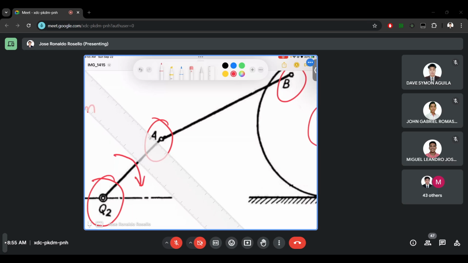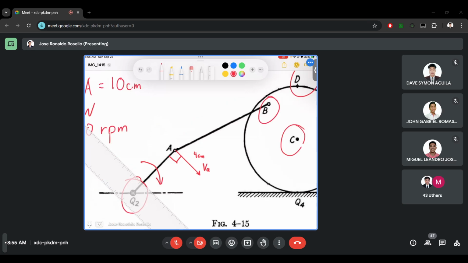Then, 1, 2, 3, 4. Nandito po si Ma'am Sol. Si Ma'am Marisol. Okay, so this is the 4 centimeters. And this should be perpendicular. Yeah.